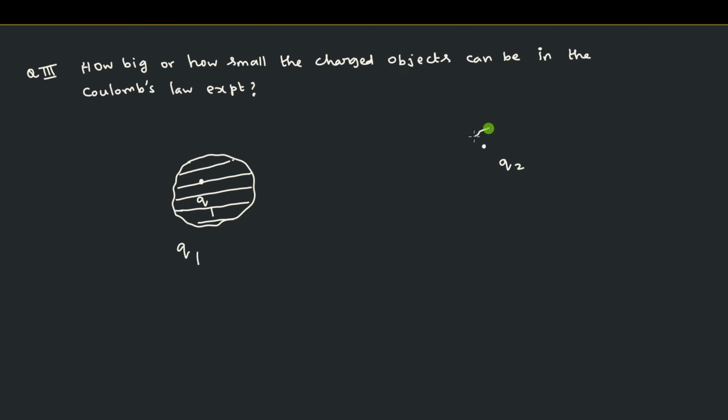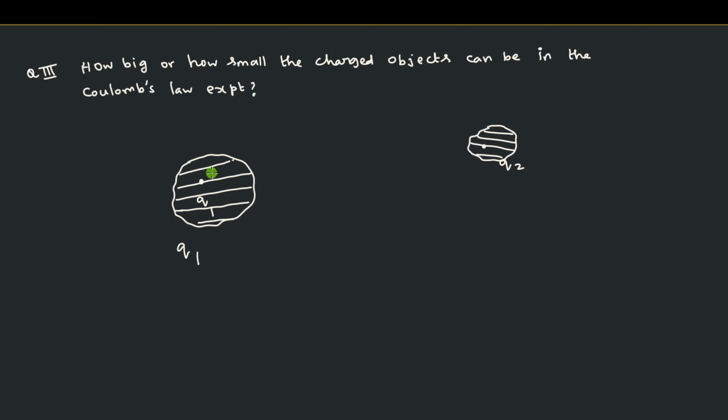Similarly, I can have another object of this size. Of course, the shape will keep changing, but let us assume that this is again an arbitrary shape, and the total charge is Q2.